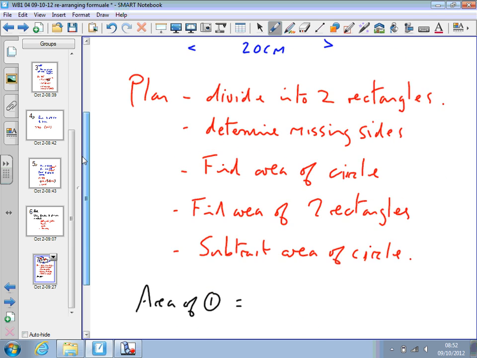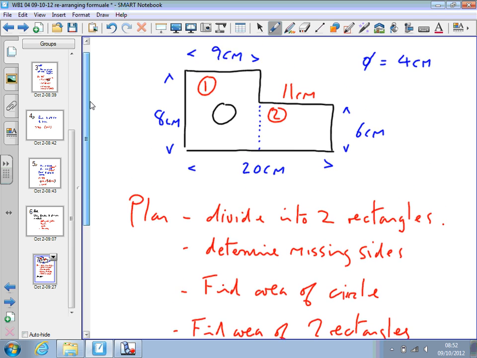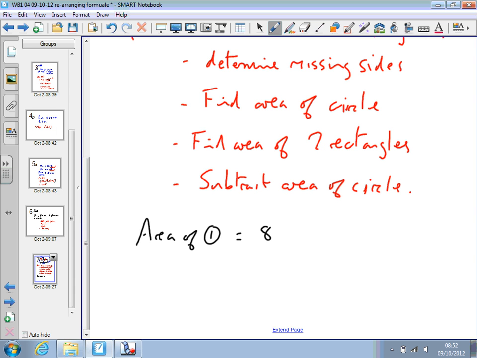Area of 1 equals 8 by 9, which is 72 square centimeters. Then area of 2, then the area of the circle subtracted. So that's the sort of thing we might do if it was a compound shape.